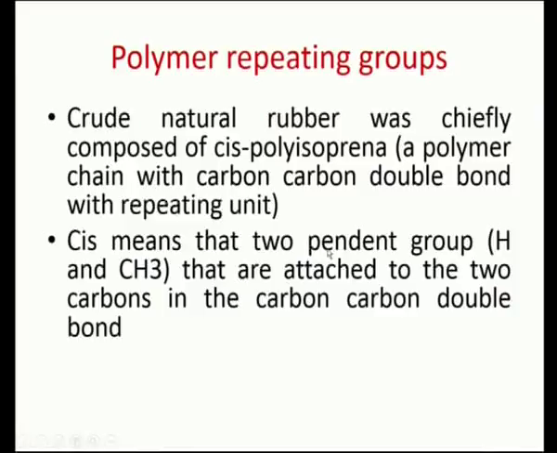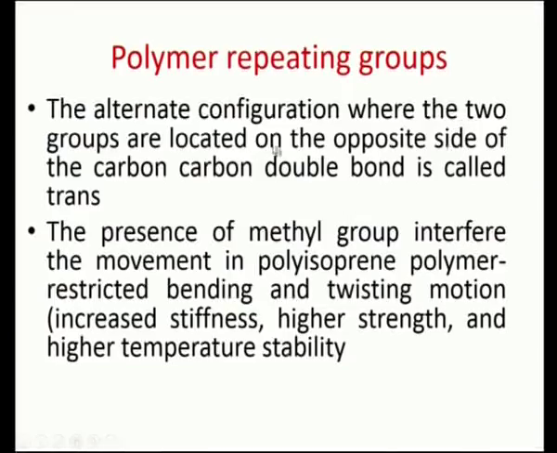Cis means that the two pendant groups, hydrogen and methyl, are attached to the two carbons of the carbon-carbon double bond. The alternate configuration, where the two groups are located on opposite sides of the carbon-carbon double bond, is called trans. If the methyl and hydrogen are attached on the same side, it is called cis. If they are attached on opposite sides of the double bond, it is called trans.